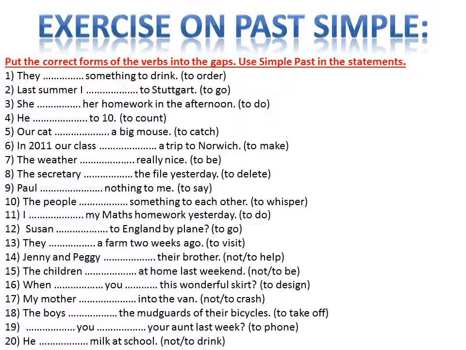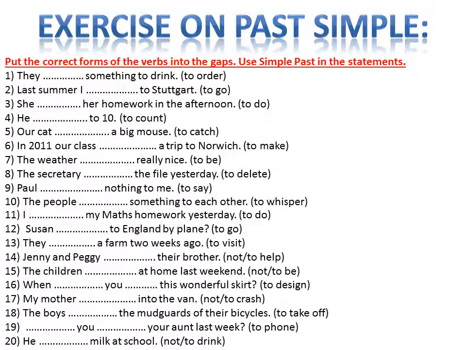Now, let's answer some exercises together. Put the correct forms of the verbs into the gaps. Use simple past in the statement. Number 1. They something to drink. They ordered. Number 2. Last summer, I to Zagreb.